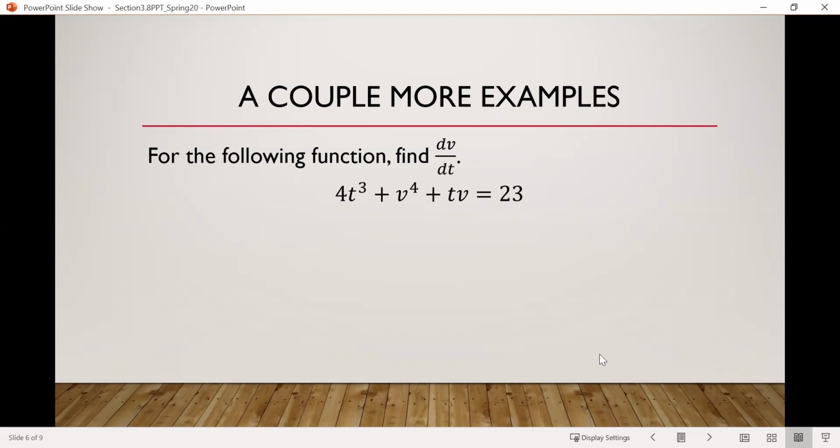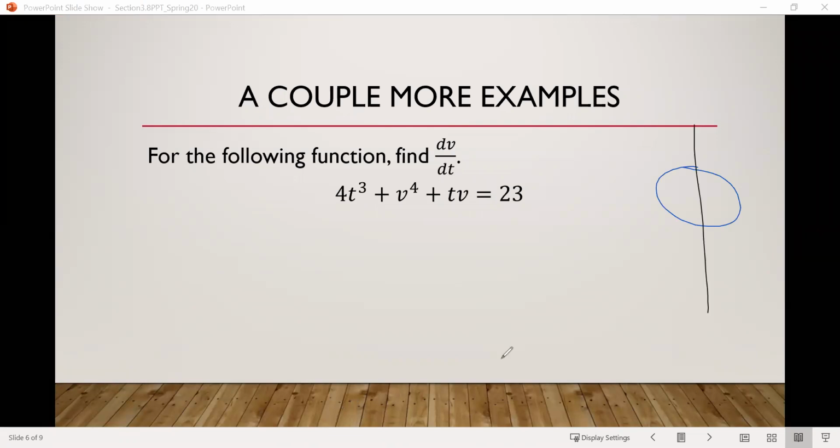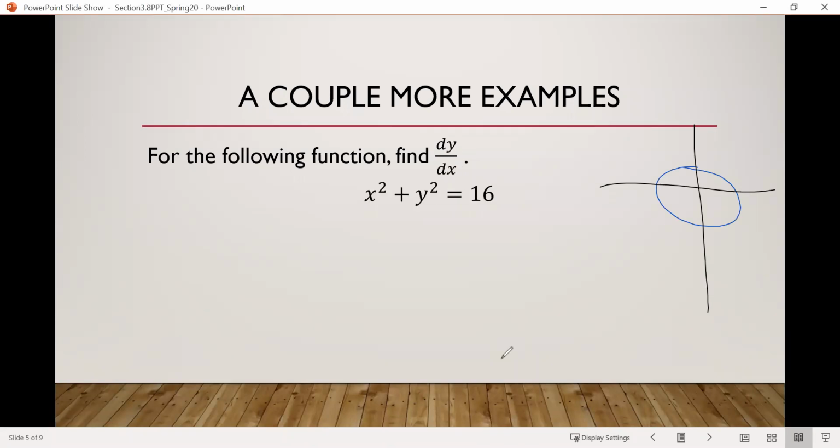You recall from Math 142, we see something like this. That's representing the equation of a circle with radius 4. And yes, I know my circle is terrible there, but hopefully it gives you a visual.